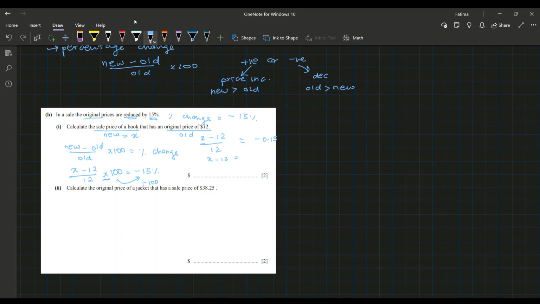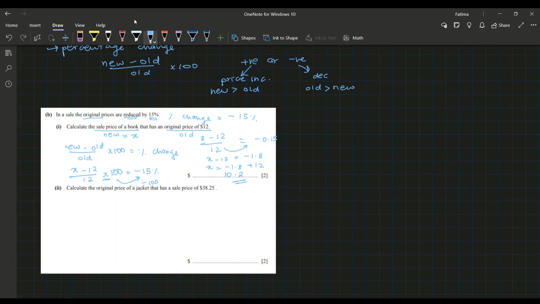Because here it's being divided by 12, if it goes to the right hand side it has to be multiplied by 12. You get negative 1.8. So x will equal negative 1.8 plus 12, because negative 12 moving to the right hand side will become positive 12. So negative 1.8 plus 12 is positive 10.2. So this here is our sale price or our new price.